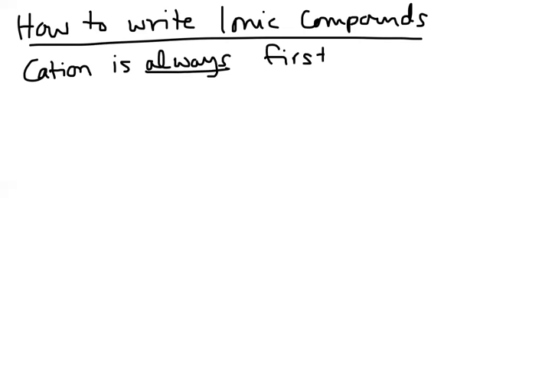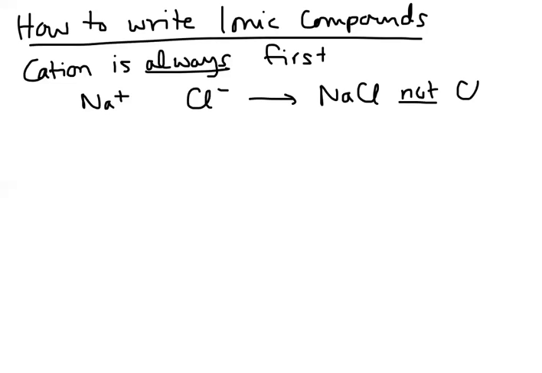This is why if you have Na and Cl, it's NaCl, not ClNa, right? That just looks weird. It's wrong. So it's NaCl because your cation is your positive ion, and that's your sodium plus, and then your anion is Cl minus.